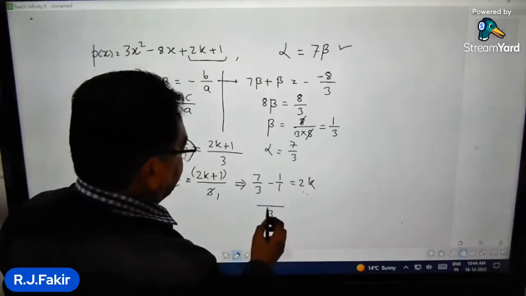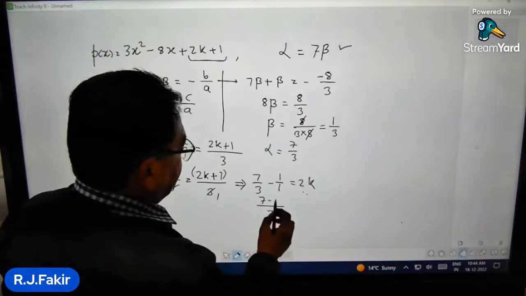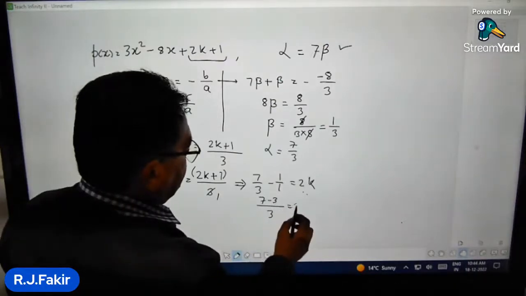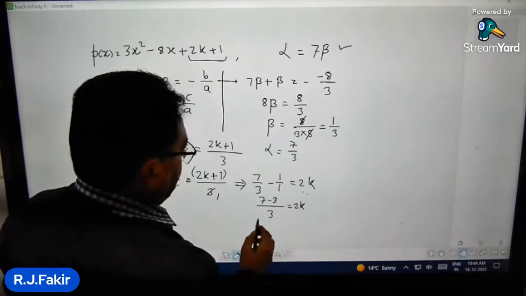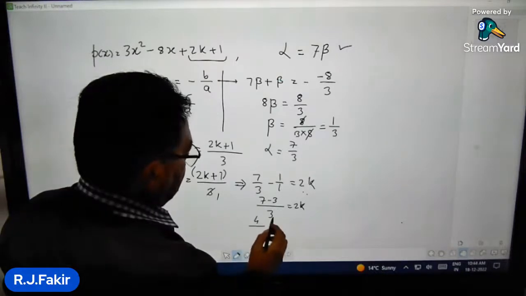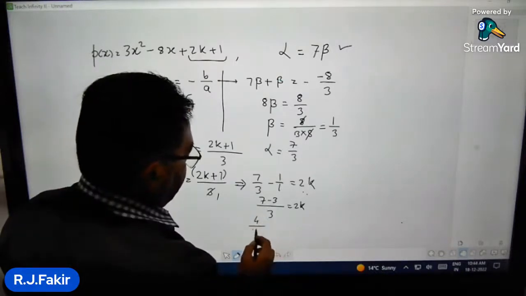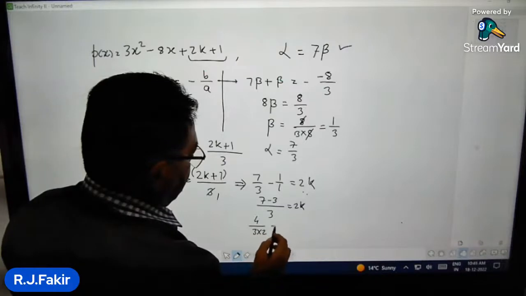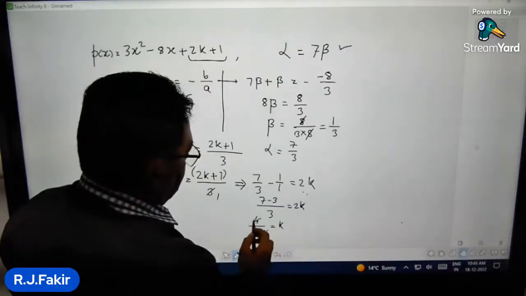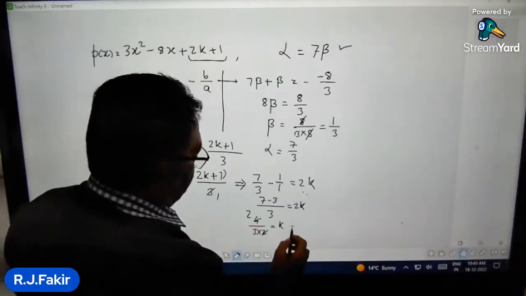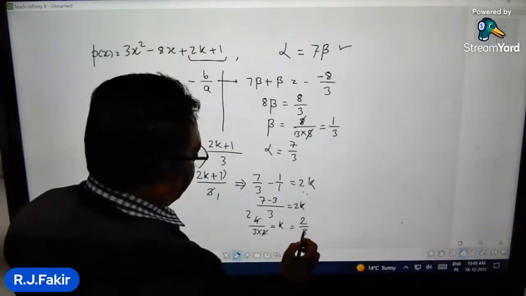You have LCM as 3, so 7 minus 3 is 2k. That will be 4 by 3 into 2 is k, and finally the k will be 2 by 3.